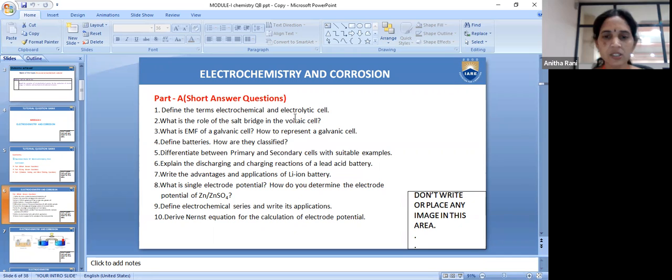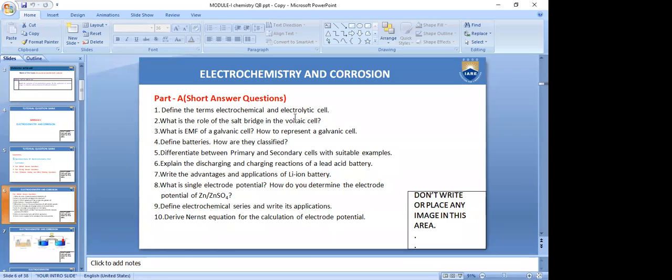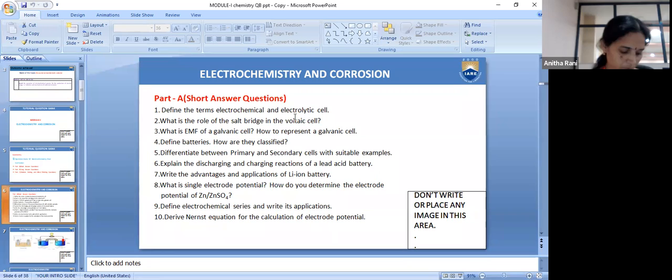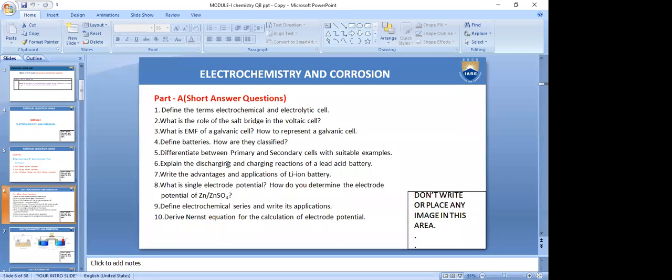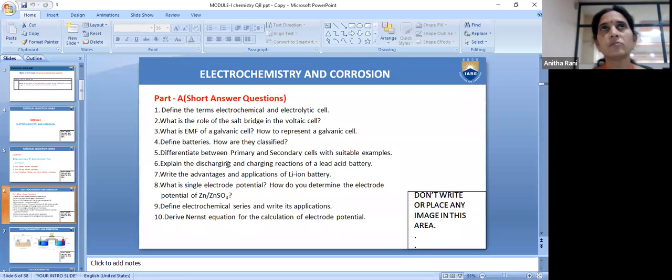How to represent a galvanic cell? Anode and cathode separated by a salt bridge. Ma'am, ZnSO4 double dash CuSO4 dash Cu.